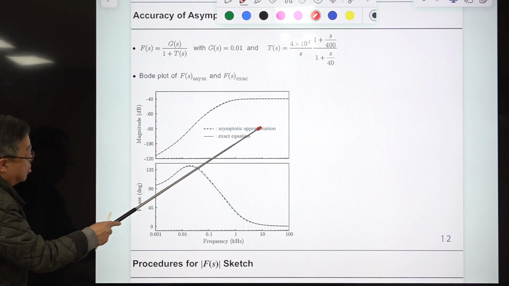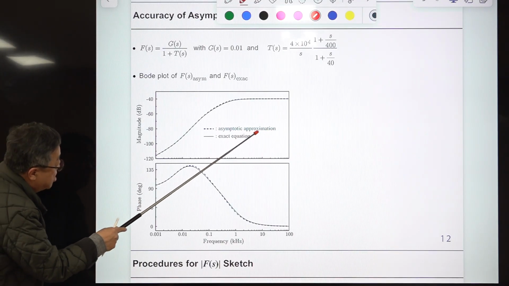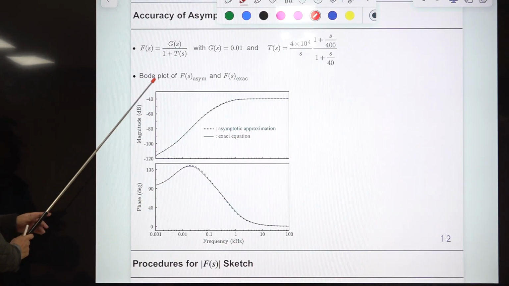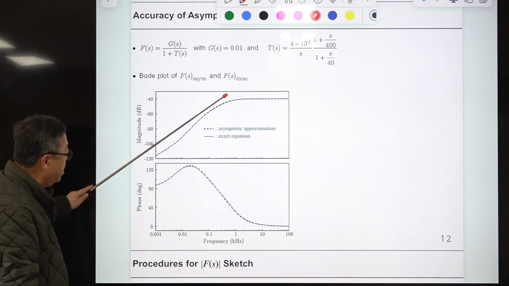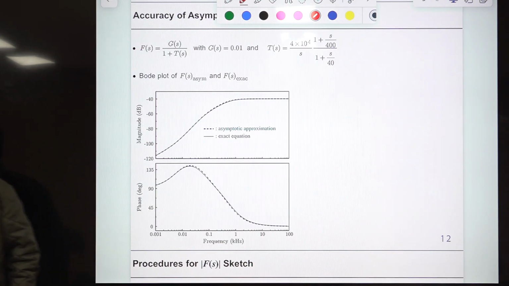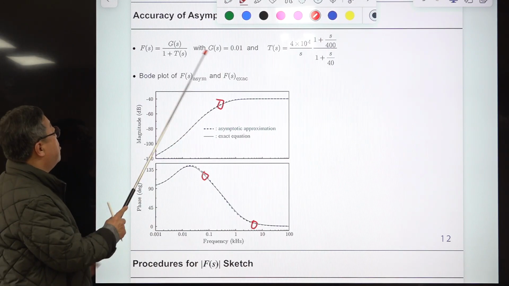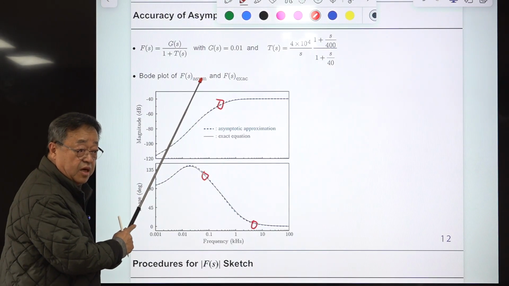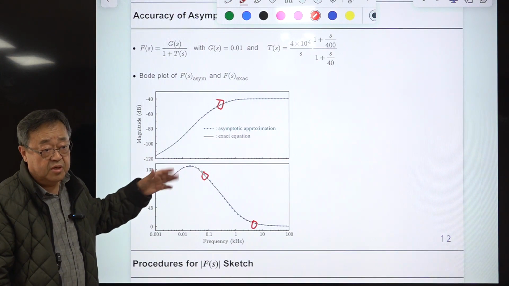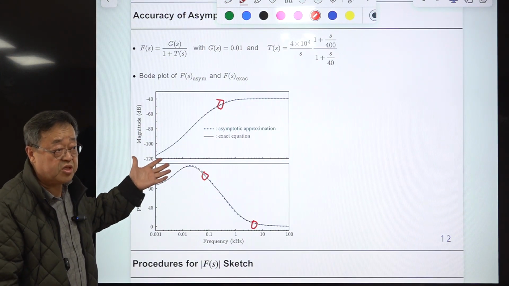Then this magnitude curve is almost the same, and in the phase curve there is a small, extremely small deviation here. Magnitude almost the same, so it can be ignored, right? So this approach can be taken regardless of complexity of this and this. Okay, that is the best feature of this approach.